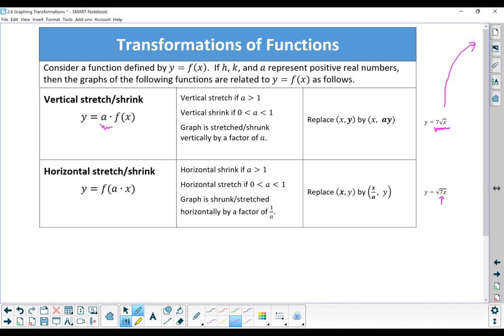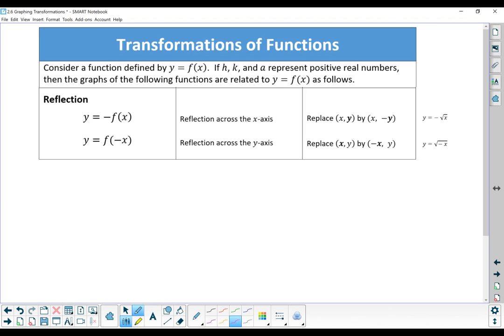Those are probably the ones that you are the least familiar with. The vertical ones make sense, and they are stretching it vertically by that factor of a. Horizontal ones, always counterintuitive. It's stretching it by a factor of 1 over a. We need to think of dividing by that a instead of multiplying by that a for horizontal. And I will show you some examples of that.